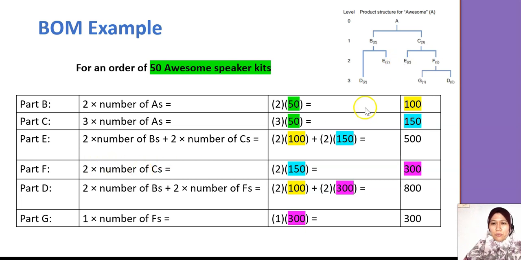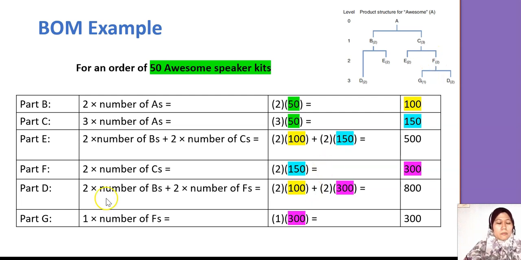For component F, when we follow F, we find that we need 2C. So 2C, where C is 150, we get 300. Then part D: we have 2D here, so we do this D first. You need 2 of this, and for this one, you need 2 of this.